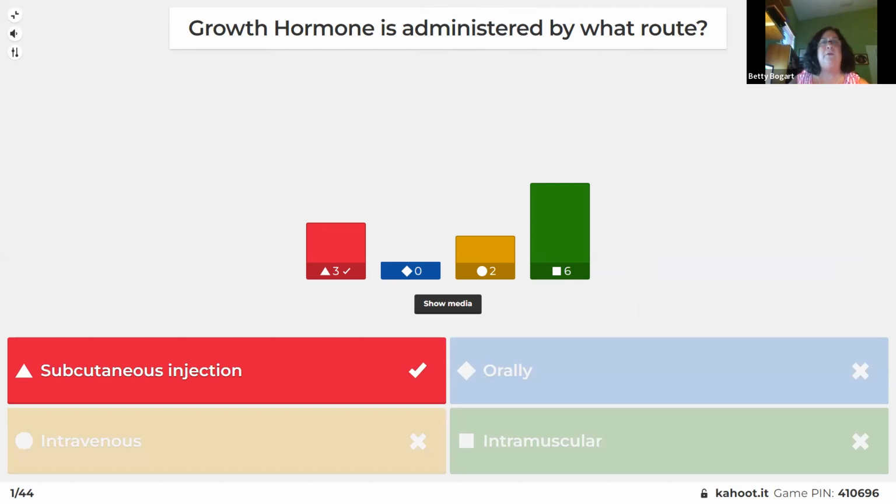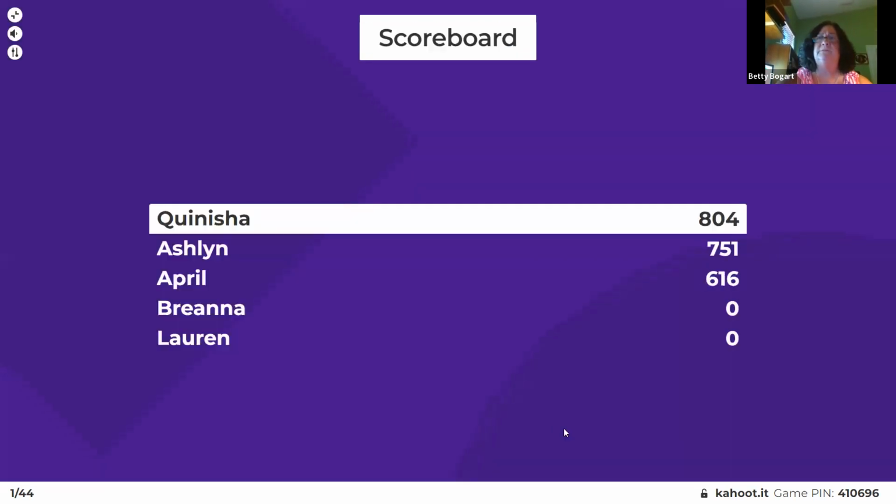And what we do is, those are for those children who are really tiny, really small, and they're not the same height as other children, and the parents are a decent height. So we'll give it up to the point where they stop growing more than an inch a year. So if they're not growing an inch a year, we will stop it, and that will be the final height for that child. So sub-Q injection for growth hormones.